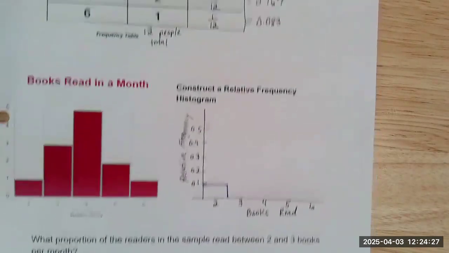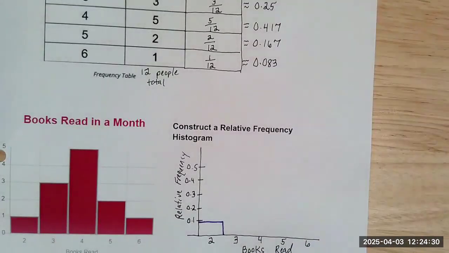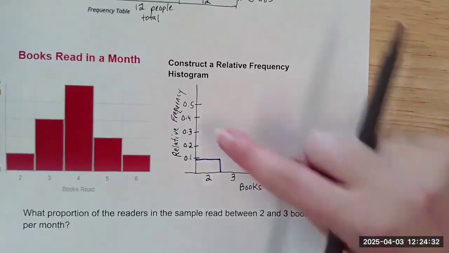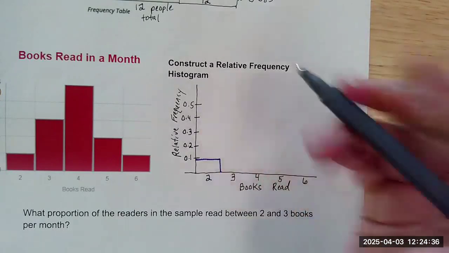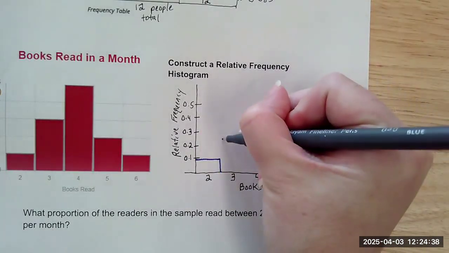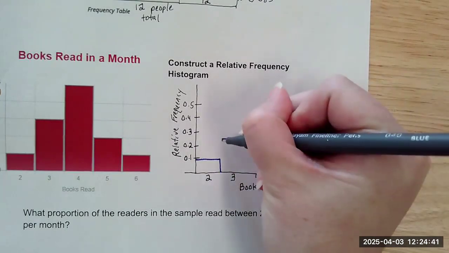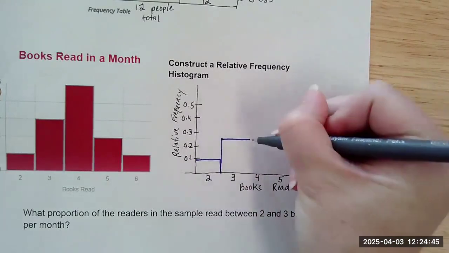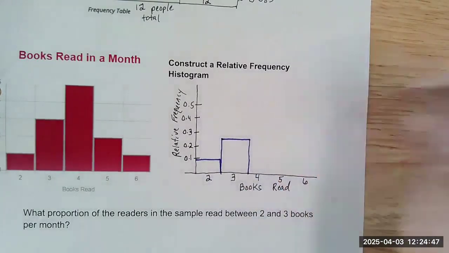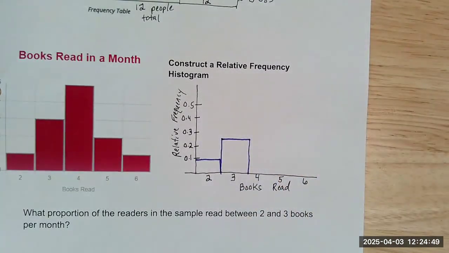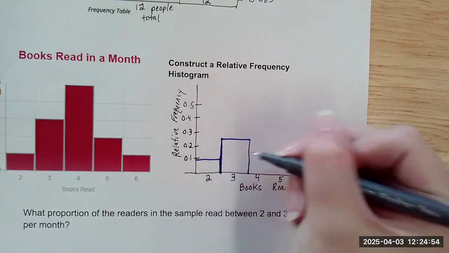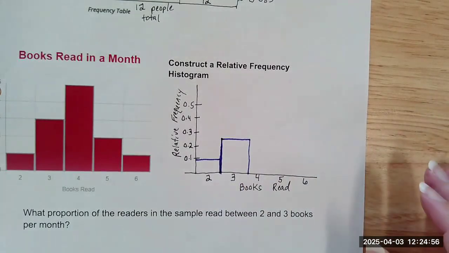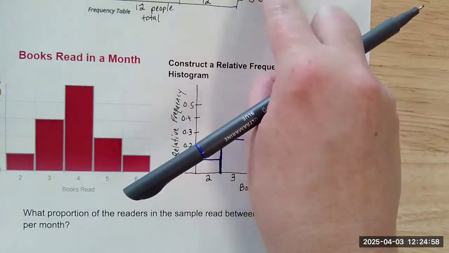And then for 3 books, we had 0.25. So 0.25, that's going to be right between the 0.2 and the 0.3. I'm going to go exactly in the middle, and that's going to be the height of that bar. So just like that. Okay. For 4, we said we had 0.417.